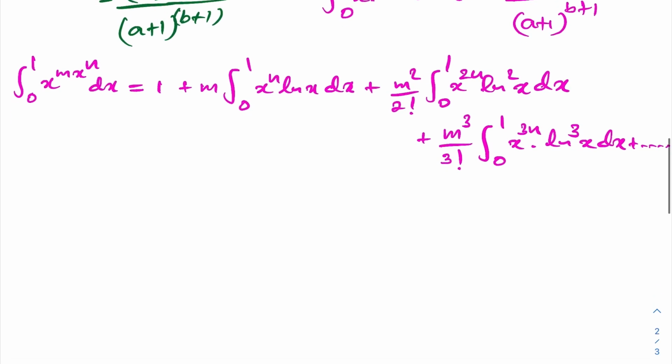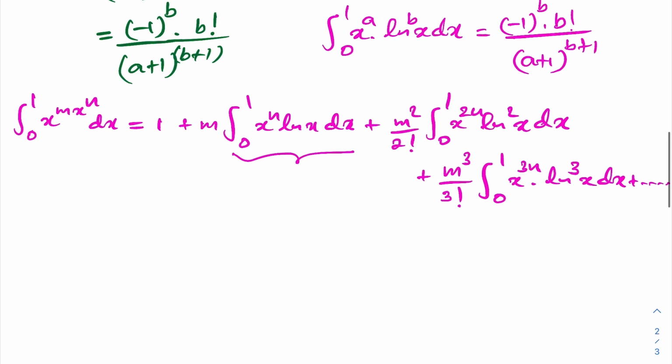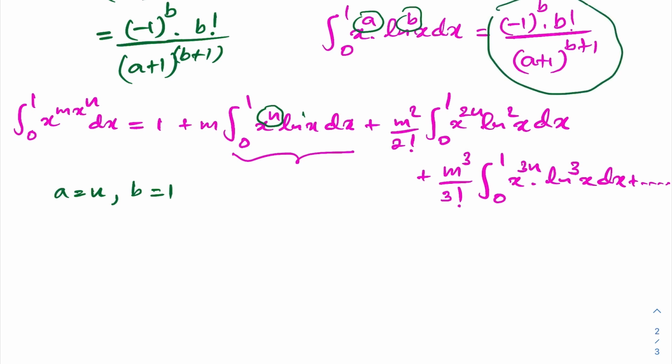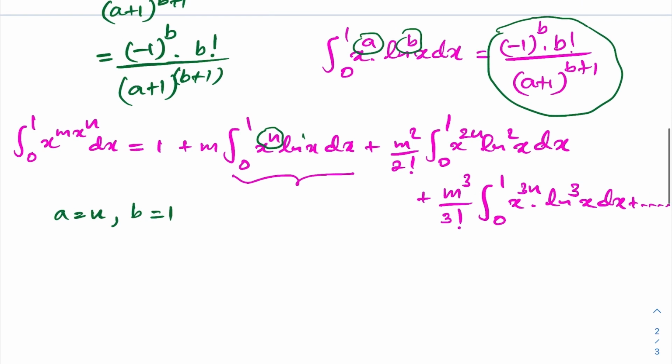Okay, now we are going to evaluate this integral. For this integral, here we have n, and we know a, so a is equal to n, and b we know is 1. Therefore we know the answer of this integral: minus 1 to the b.